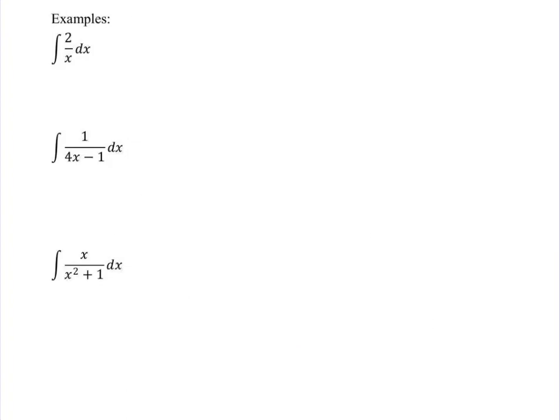All right, 3 examples. We are integrating 2 over x dx. Yes, if we bring the 2 out, then we have 2 times the integral of 1 over x dx. That's the pattern, u prime over u, basically. The derivative of the denominator is 1, which is the numerator.